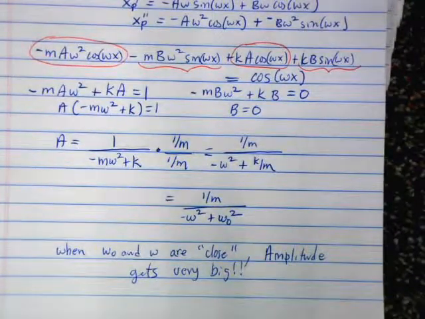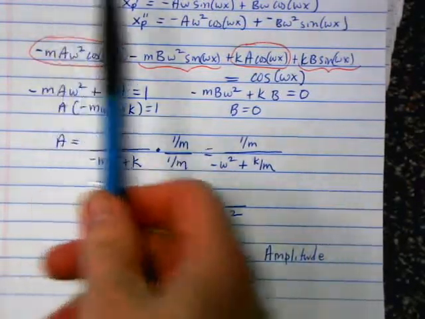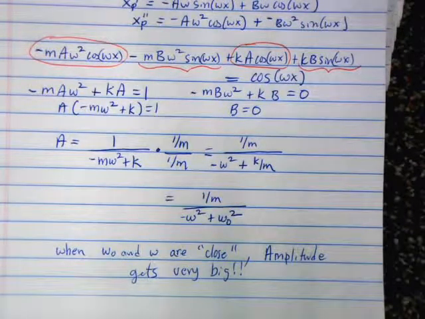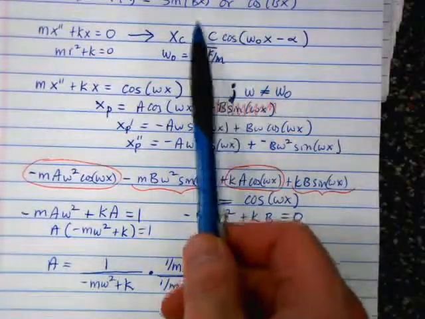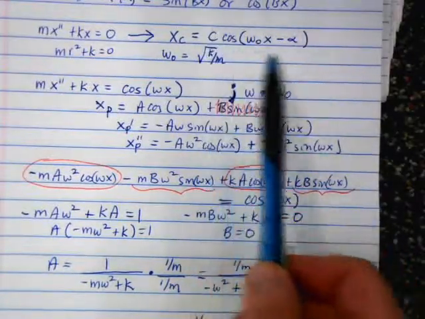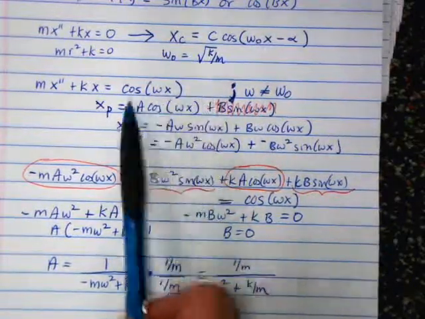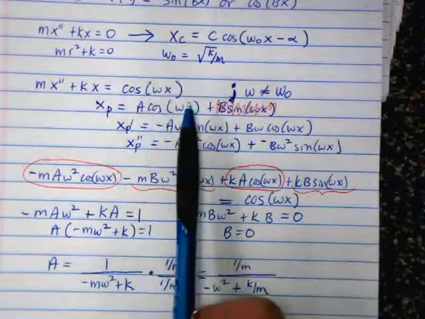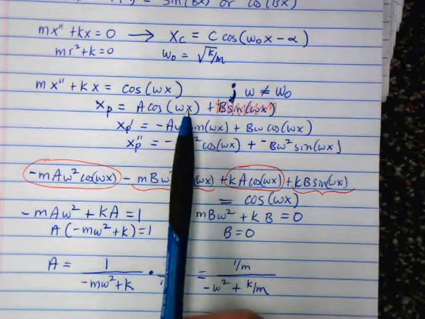That's where resonance comes in. When omega naught gets close to omega, you're going to get a very, very large amplitude, and that's what we call resonance. Basically, the solution you get from the complementary function and the solution you get from the particular function are linearly independent, but barely.